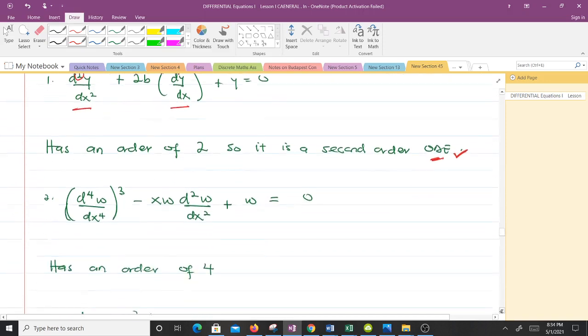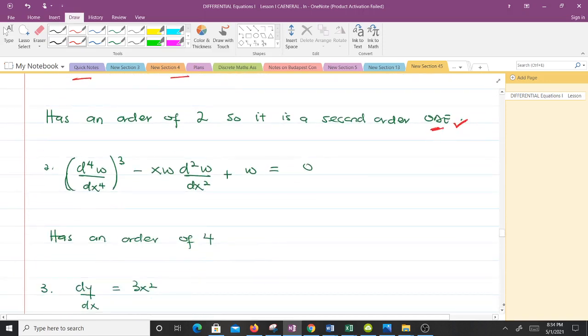So example 2. You can see that we have this derivative here and that here. But you can see that this one has an order of 2 and this one has an order of 4. So the order of this differential equation will correspond to this. So it will have an order of 4.